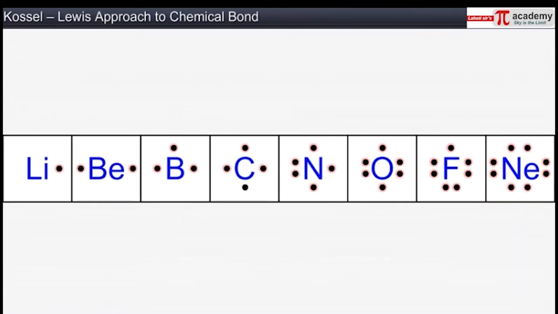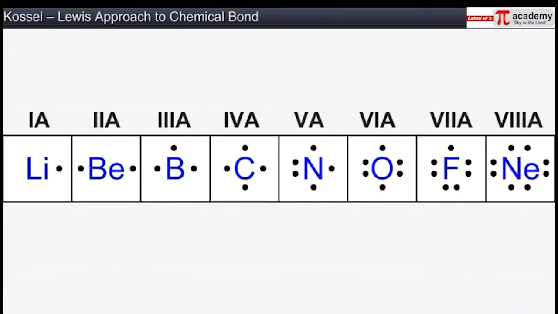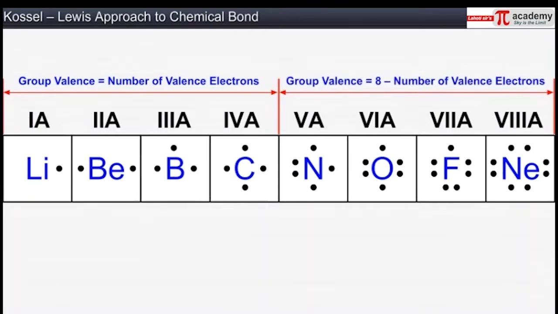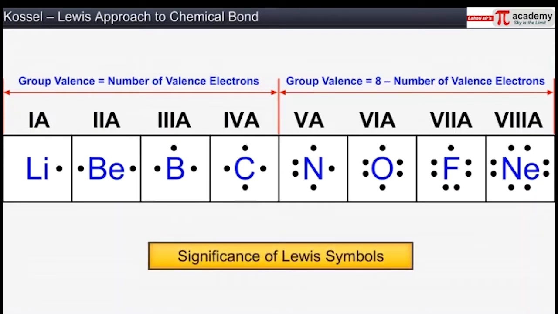The number of dots around the symbol gives the number of valence electrons. These valence electrons are useful to calculate the group valence of the element. The group valence of an element is equal to the number of valence electrons of an element or 8 minus the number of valence electrons. This is the significance of Lewis symbols.